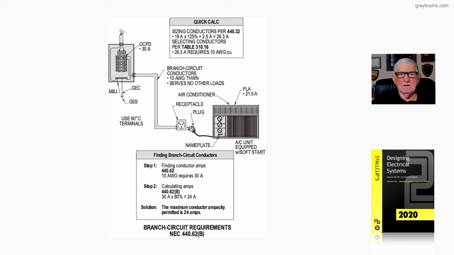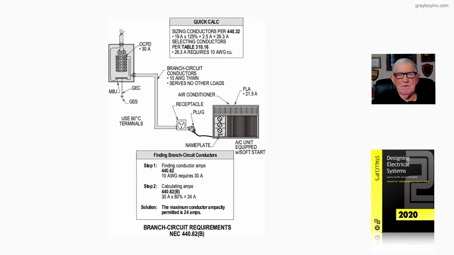So let's perform the calculation now. We know we have a 30 amp overcurrent device in the illustration. We have number 10 conductors, and we have our total amps listed there for the unit. Now, step 1, we have number 10 wire, good for 30 amps. We know that it's going to give us a 30 amp rating.